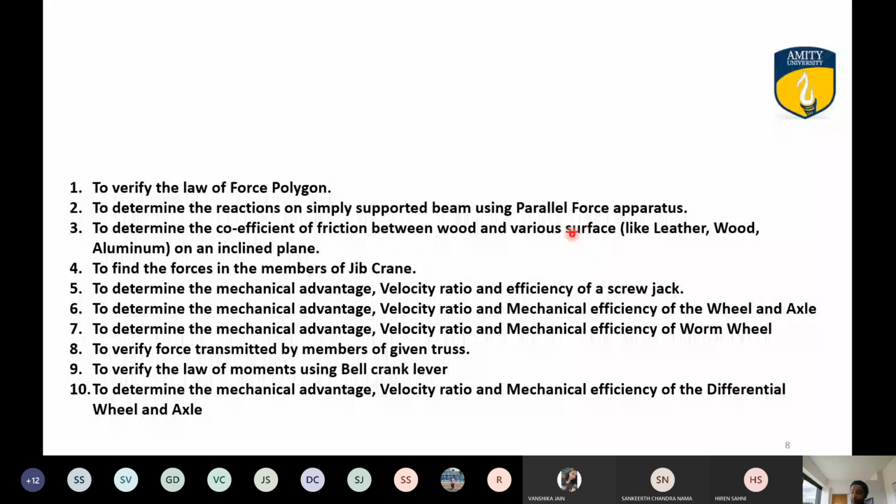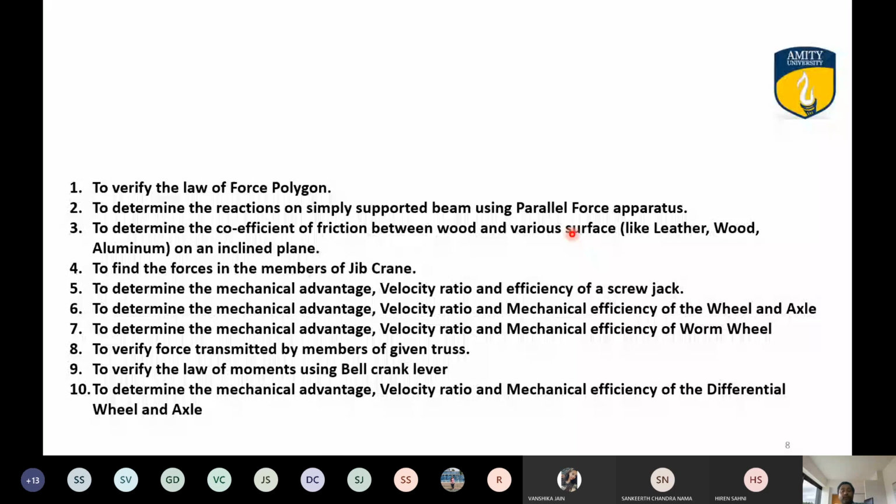So make a note of what I am telling you right now. You should have a piece of paper and pen with you. Just write down what you have to write on the left side and on the right hand side of a practical file. The left side is simply the plain side, the right side is the ruled side. On the left hand side you have to write the aim, then the apparatus.